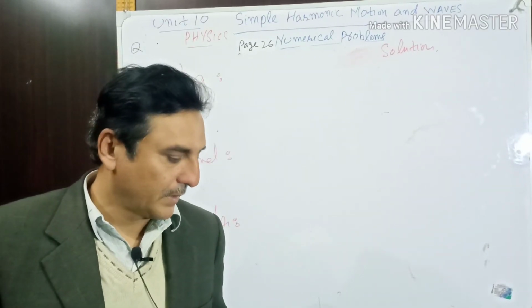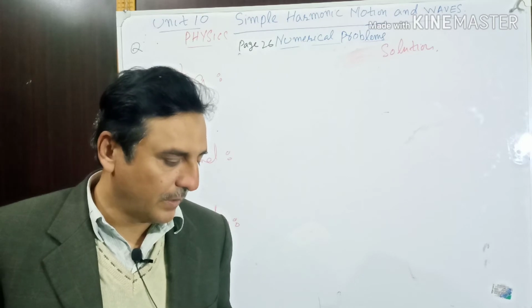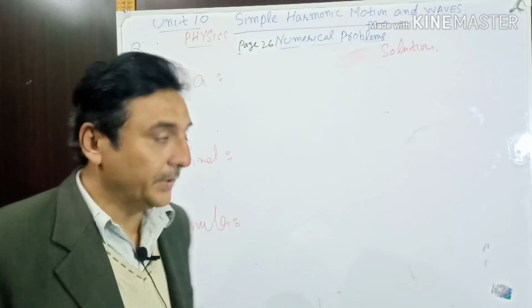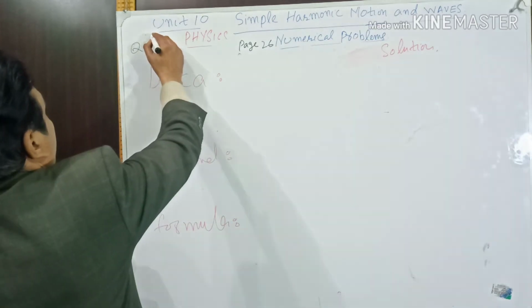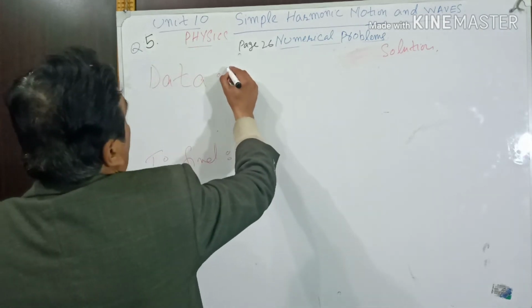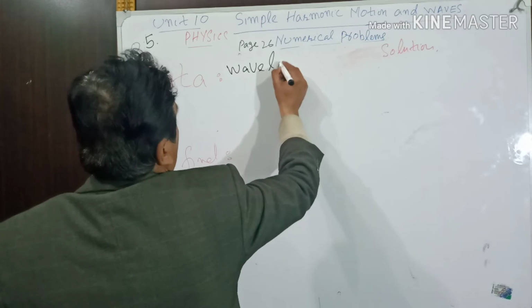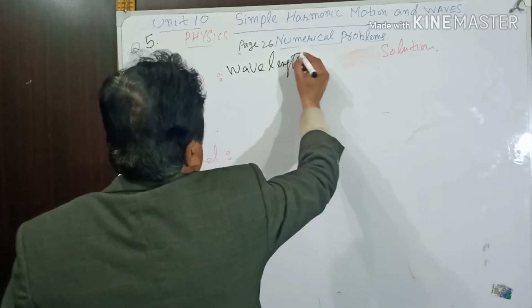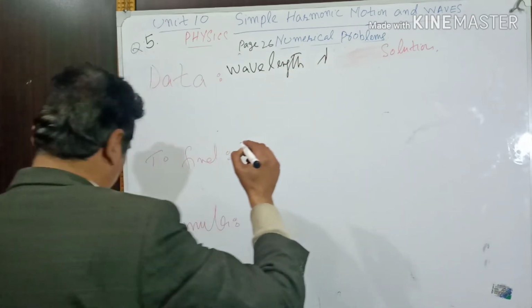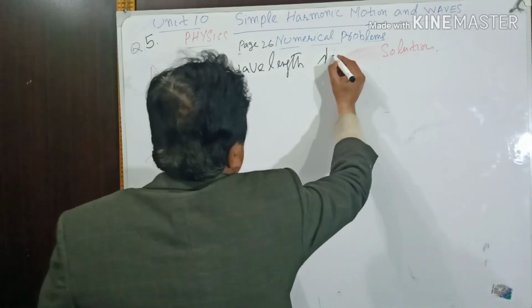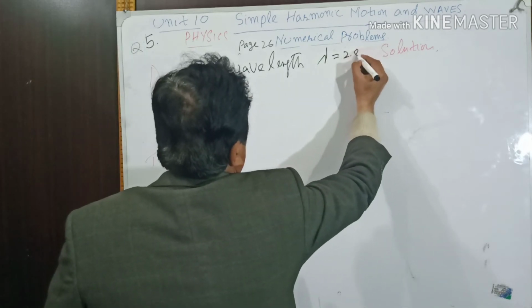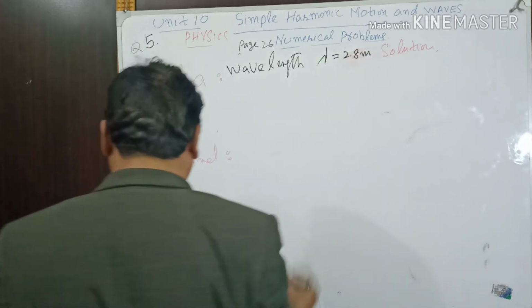Question 5. Water waves with wavelength 2.8 meter. Question 5. Wavelength is given. Wavelength we show with lambda. This is 2.8 meter.